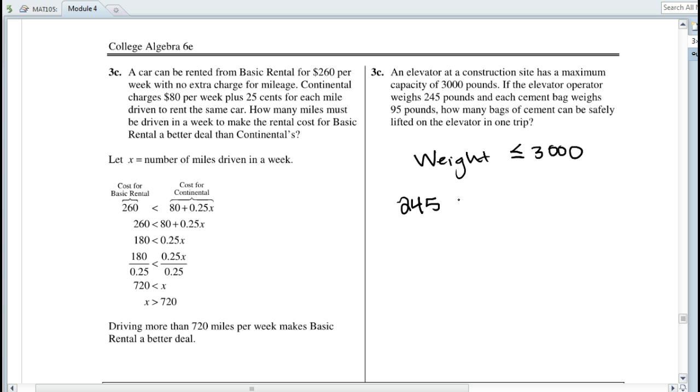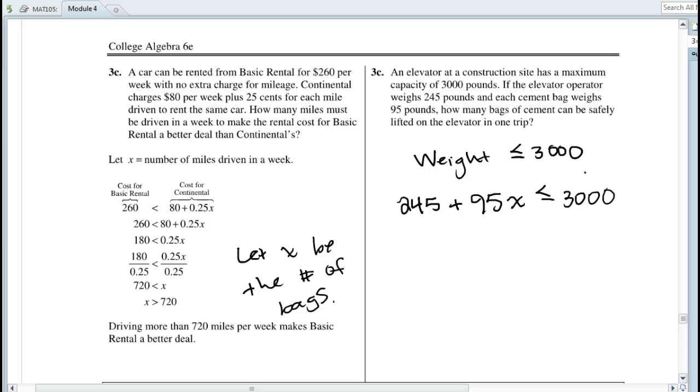So basically, let x be the number of cement bags. It's always good to identify the variable. So each bag weighs 95, so the weight it will contribute will be 95 times the number that he brings.